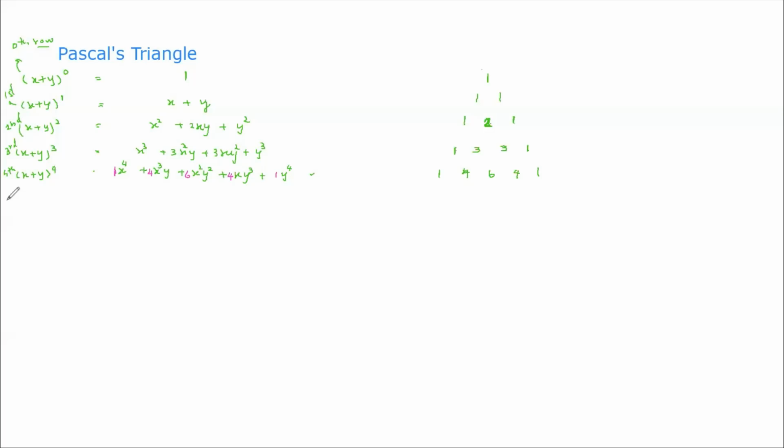Okay, so now from this we can go on. If I find the fifth law, right? So I'm going to have x plus y power 5. Then I have this one. First is going to be x power 5. Do the same way, okay? Keep doing. This one is going to be x power 4, y power 1.